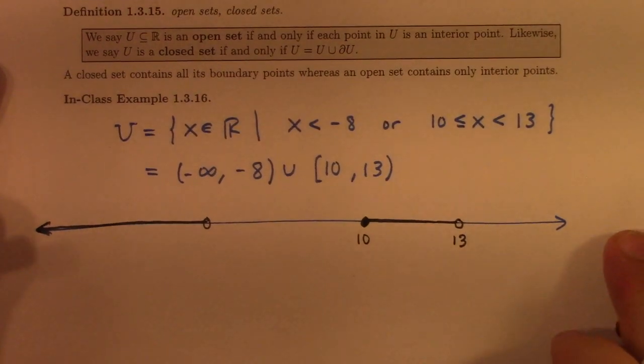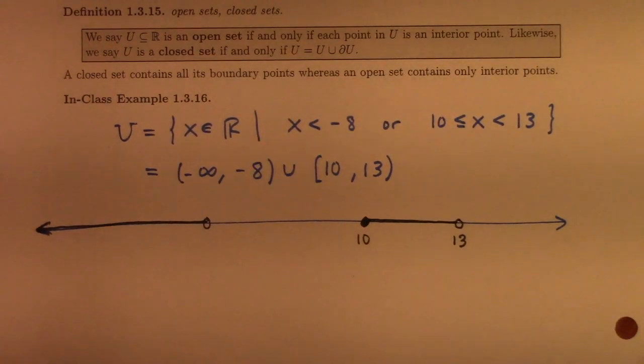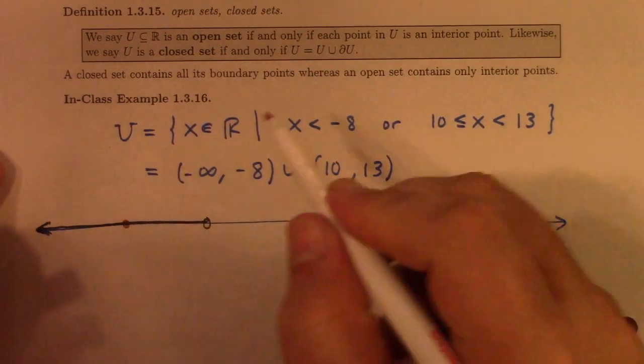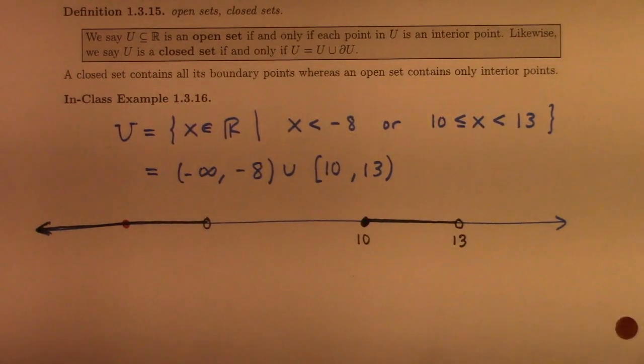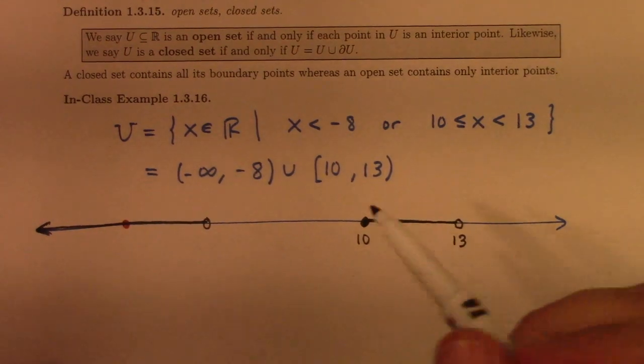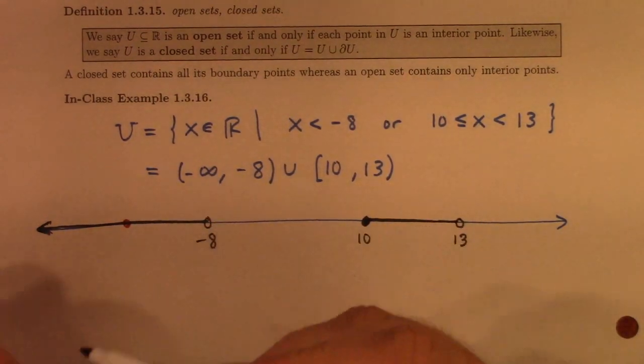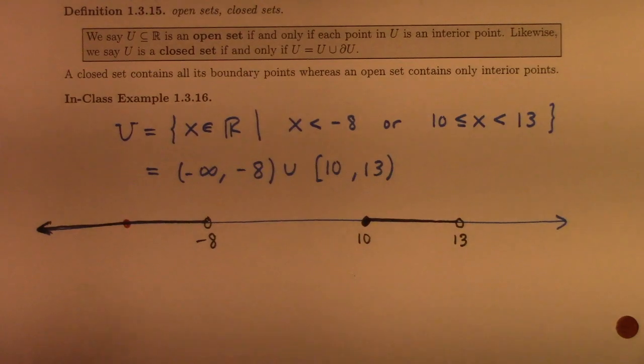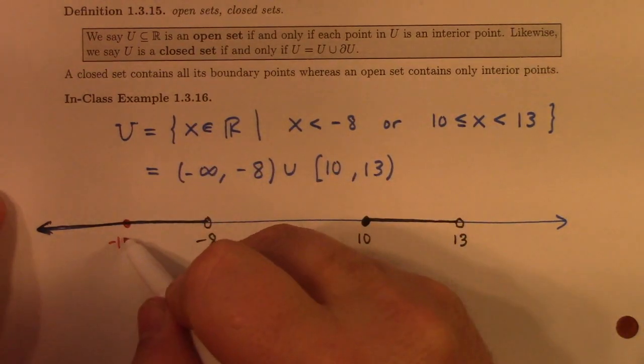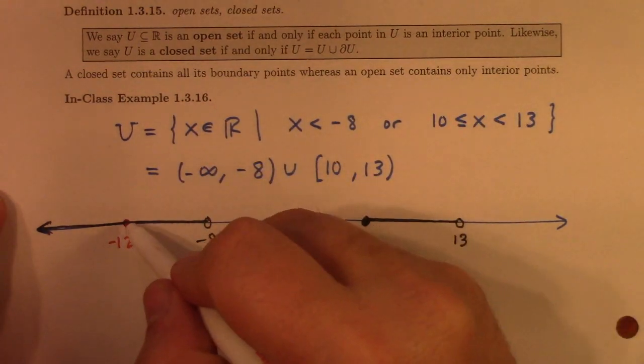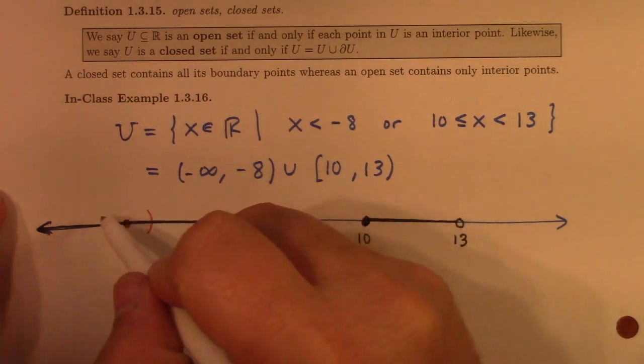All right, so which of these points are interior points? Let me explain to you. If I pick a point here, so let's see here, I forgot to label it, -8, right? So if I pick this point, for instance, -12, just for the sake of discussion, you see what I can do? I can easily go from here to here, right?